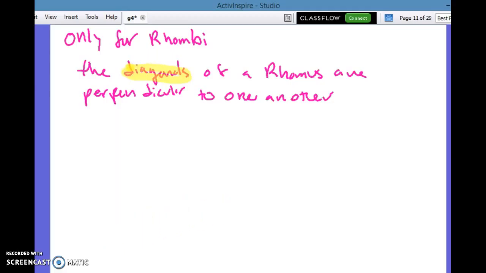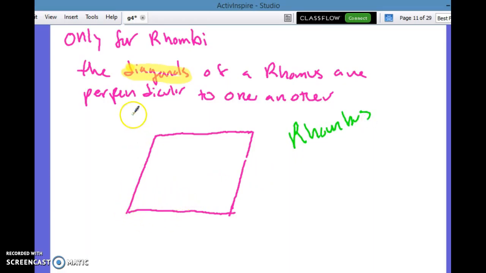And I'll draw a little sketch of one for you guys so you can see what that means. So I'll do my best to do a nice little sketch of a rhombus for us. So here's a rhombus, not my best work. Again, we'll say this is a rhombus.